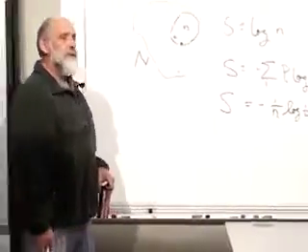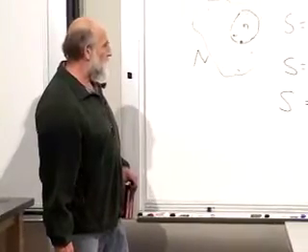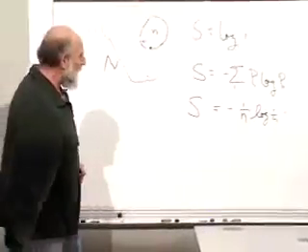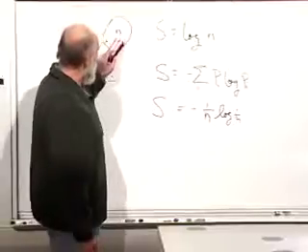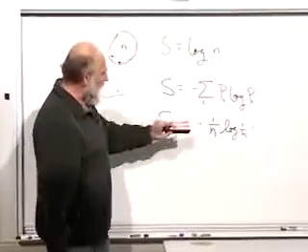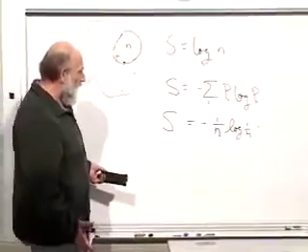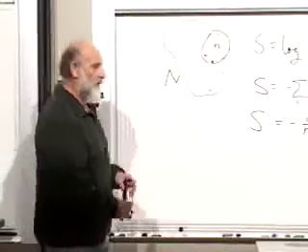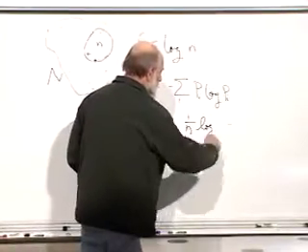Logarithm is infinite when p is 0, but p log p is 0. So for every configuration in here, you get 1 over n log 1 over n. Now what's the log of 1 over n? It's minus the log of n, so we can get rid of the minus sign and make it just log of n.